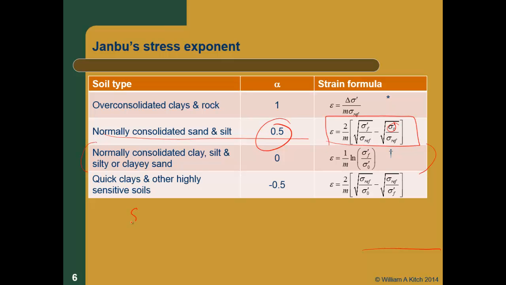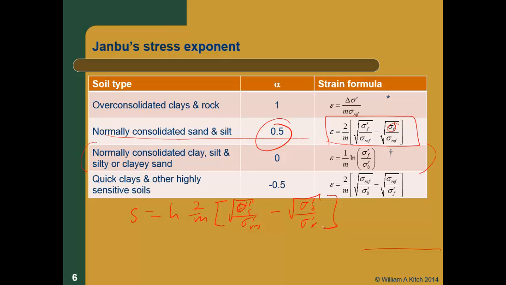So then the settlement's just going to be equal to the original height times 2 over m times the square root of sigma prime final over sigma prime reference minus the square root of sigma prime 0 over sigma prime reference. That's a whole lot easier than trying to do the integral.